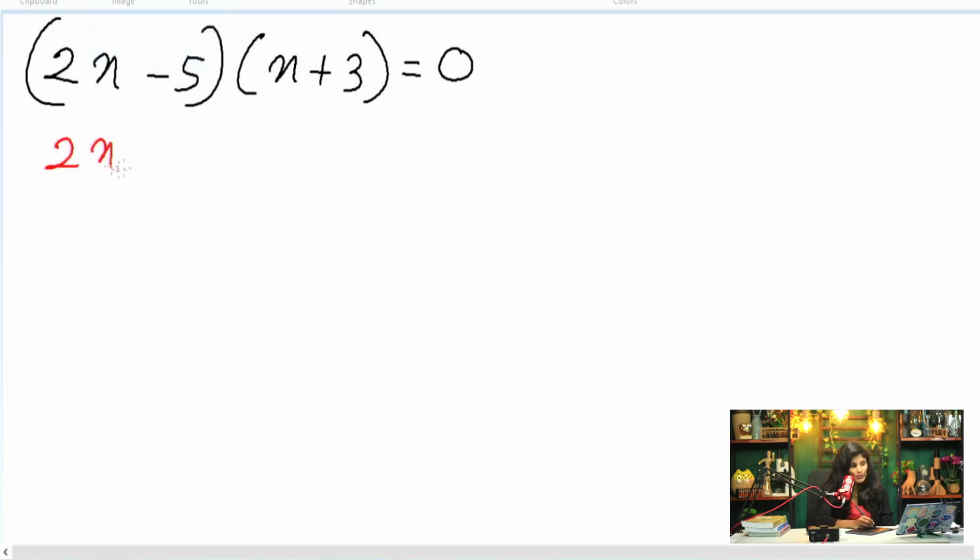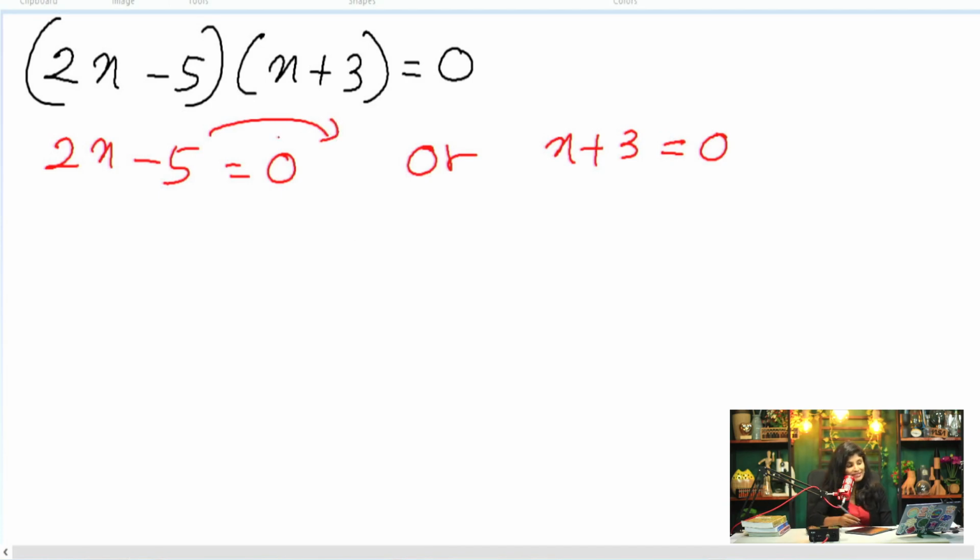So, 2x minus 5 equals 0 or x plus 3 equals 0. Then I will carry the negative 5 to the other side, then it will be 2x equals 5. These things have been discussed in the previous videos related to equations. If you haven't seen those videos yet, you can check them in the same playlist.